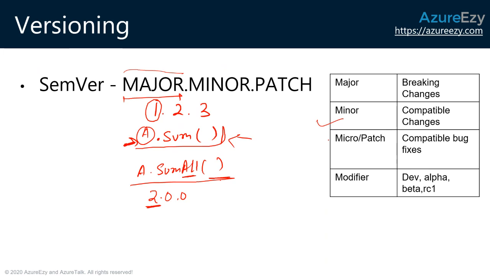Similarly, if you are doing some changes, but they are not going to affect how things are used, people will continue using a.sum. Internally you are making some calculation changes, but the input and the output are not changing. People can still continue using this way of calling the function. In those cases, such changes will not be called breaking changes, and that's why we call it minor.